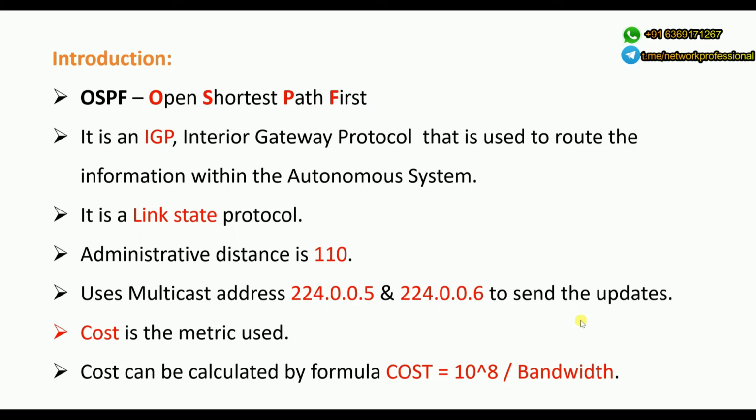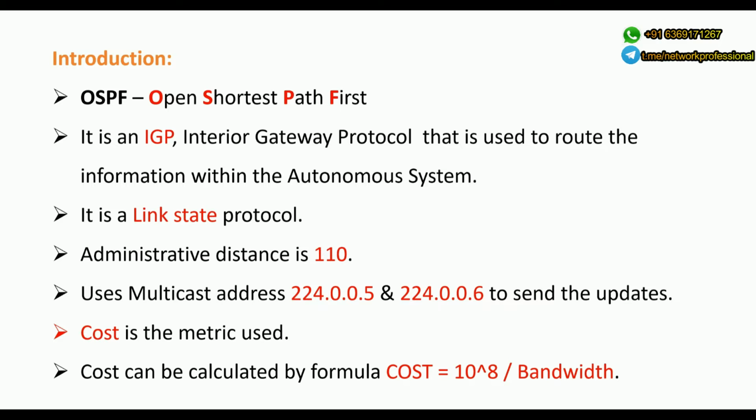Next, the administrative distance. We have discussed administrative distance in our previous videos when we discussed the basics of routing, right? So the administrative distance for OSPF in general is 110. However, specific to Palo Alto, 110 is the administrative distance for external OSPF, and if it is internal OSPF, the administrative distance is 30.